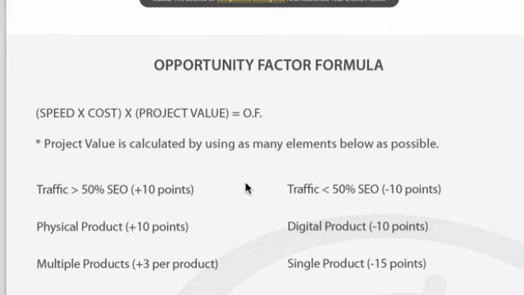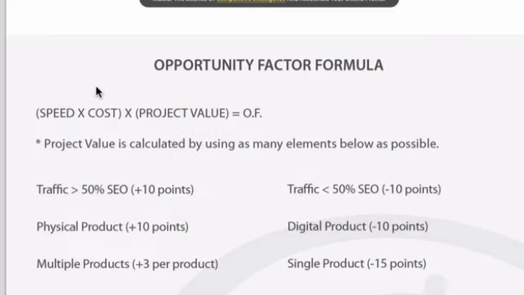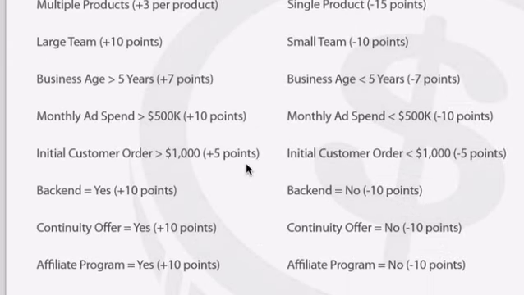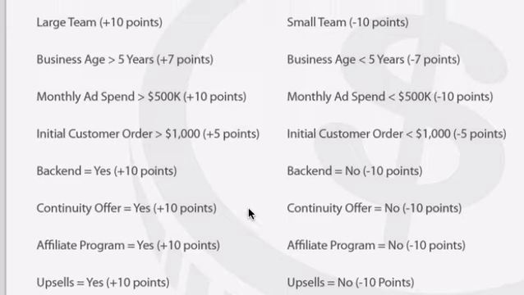If there's a project like supplements that may cost $7,000 for you to get into that business because you have to buy inventory, and you may have to wait 45 days to get the stuff, this beginning part here is already a huge, huge value, the speed times cost. So you're going to end up with a large project value number, but that doesn't necessarily mean you shouldn't go after the opportunity. This just gives us kind of a general scoring process for scoring opportunities to compare them to each other.